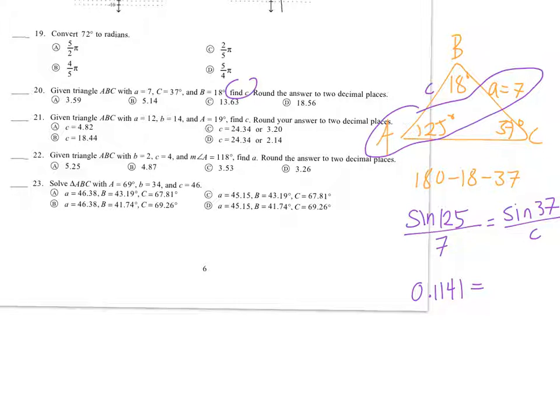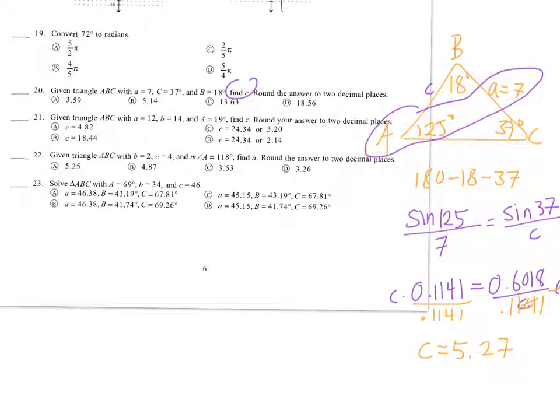Sine of 37, they love that angle, is going to be 0.6018, and that's going to be divided by C. I'm going to multiply both sides by C to get C out of the denominator, and then divide both sides by 0.1141. 0.6018 divided by 0.1141 gives C equal to 5.27, which is not any of those choices.